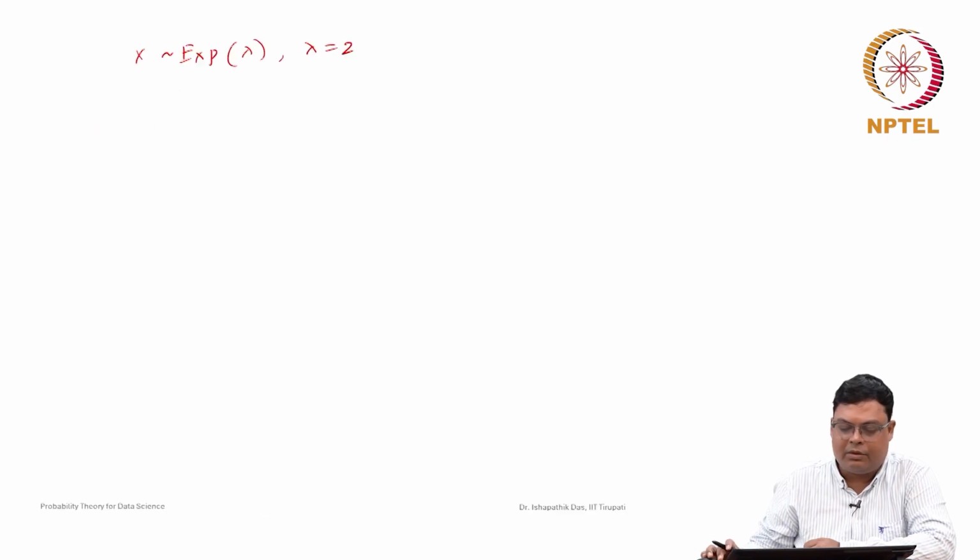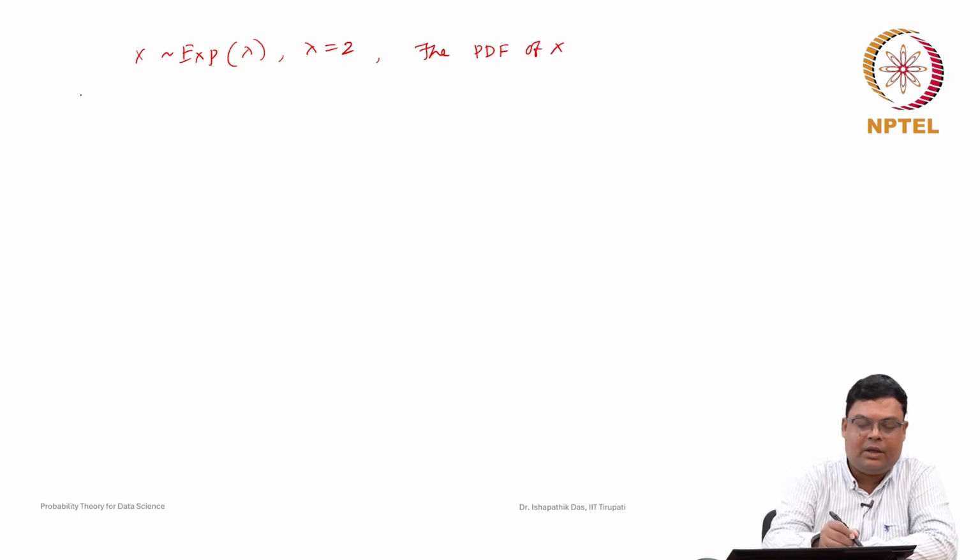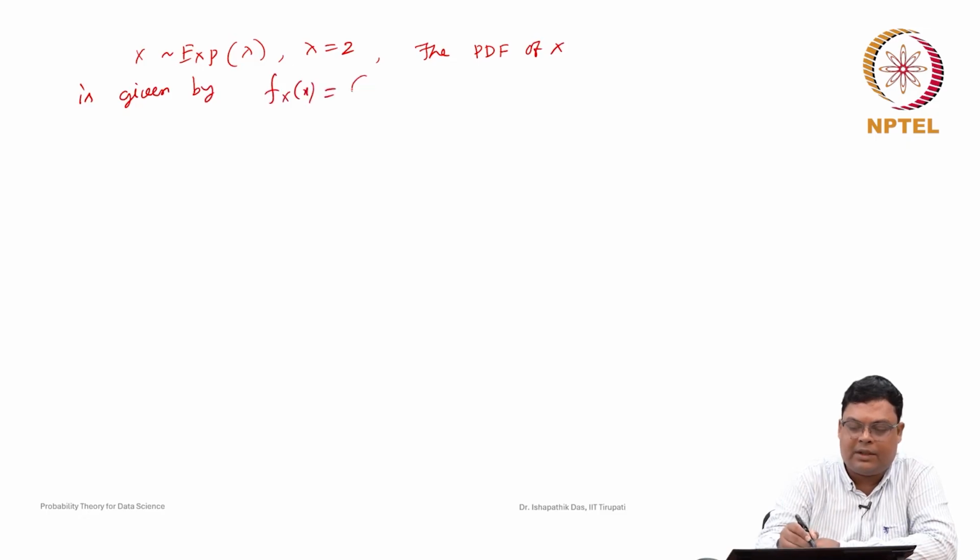Now, what is the probability? We already know the probability density function, because lambda is equal to 2. The probability density function of X is given by f_X(x) equal to lambda e to the power of minus lambda x, for x greater than 0 and less than infinity, 0 otherwise.